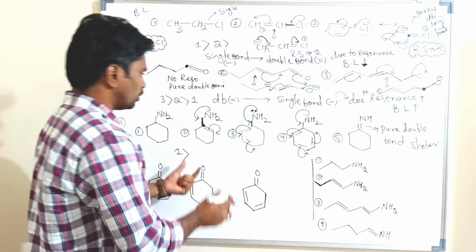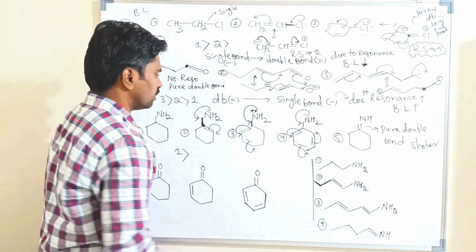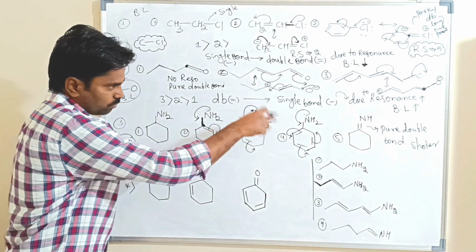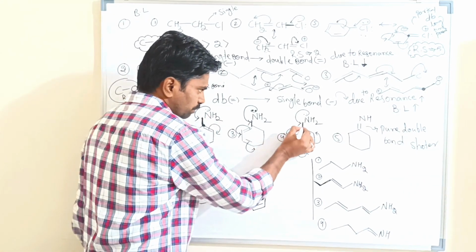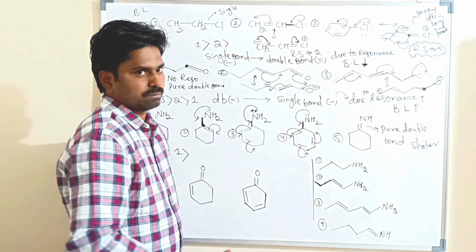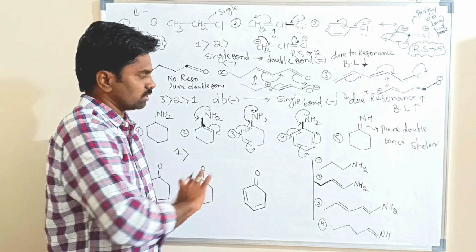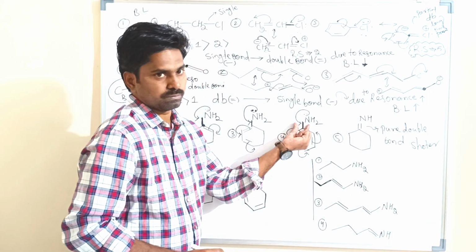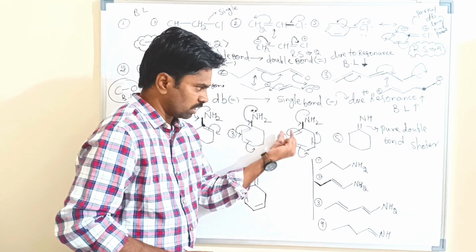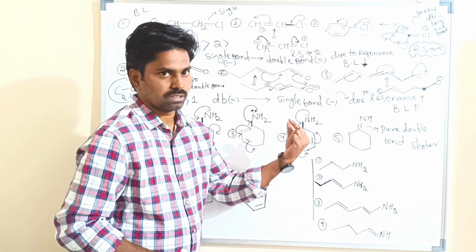Okay, so we have to find out second and third. A partial double bond will be formed in the first, second, third and fourth, but the partial double bond will be present for a long time in the fourth one, obviously. Here a partial double bond is formed and the electrons are involved in the resonating structures.